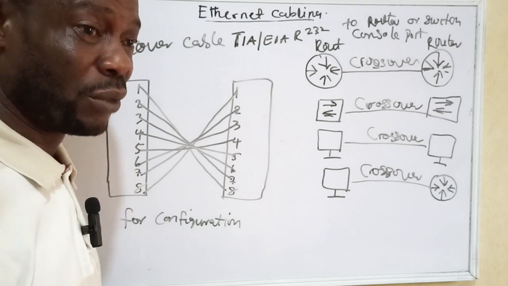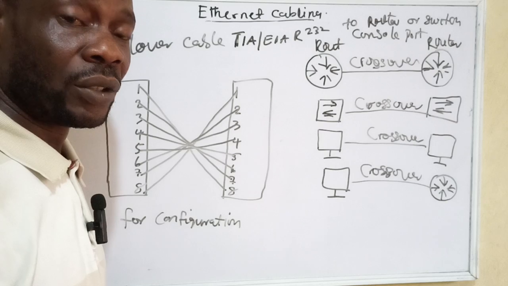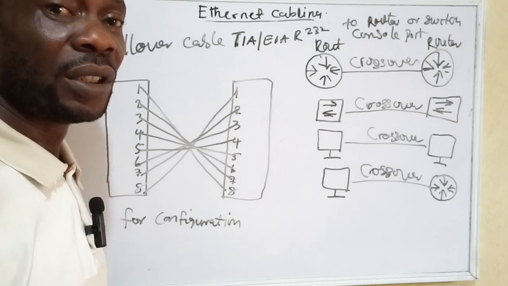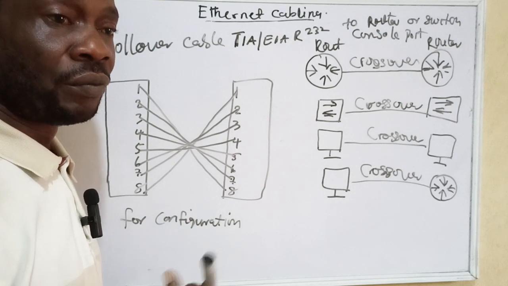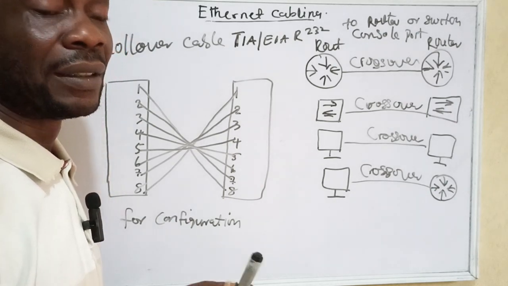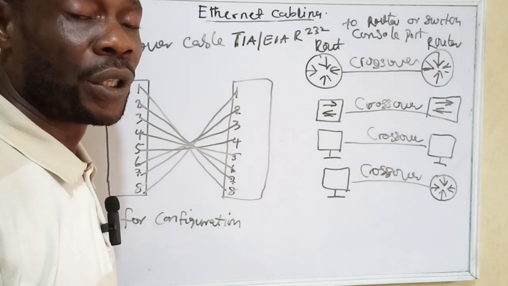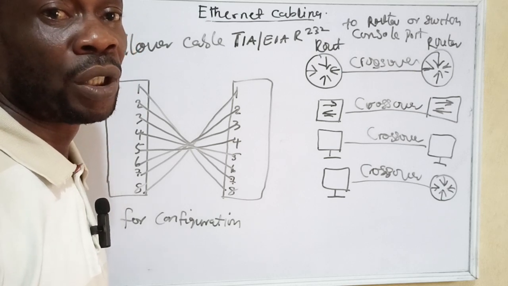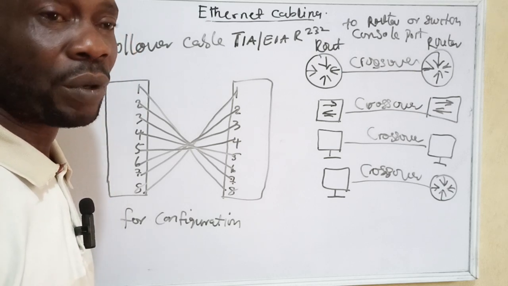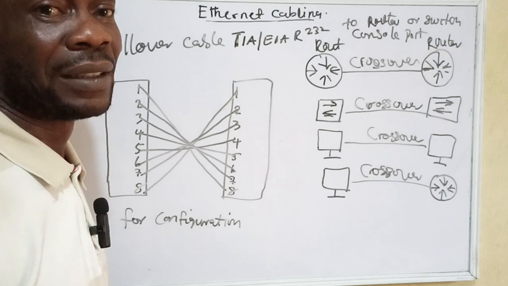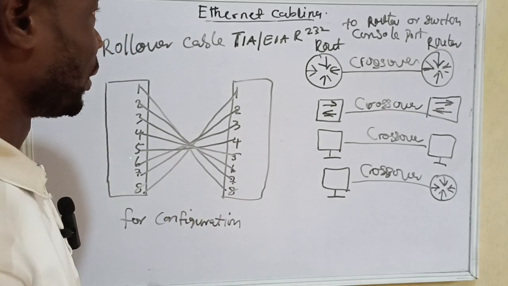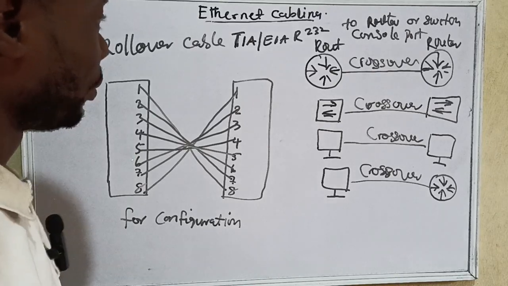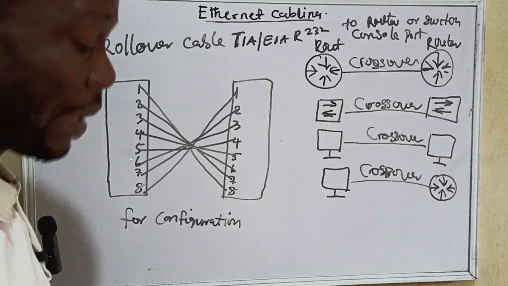Most people use PuTTY, some use hyperterminal. You launch it, hit OK, and you are into the router's or switch's command line interface where you can apply commands in order to configure it. So this is what the cable is all about.